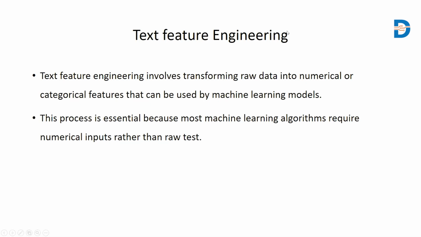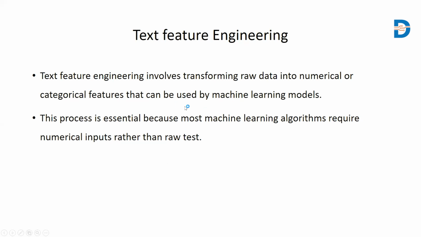When we have any raw data with us, we can take it in numerical form or categorical features so that our machines can understand them easily. This process is essential because most machine learning algorithms require numerical inputs rather than raw text.